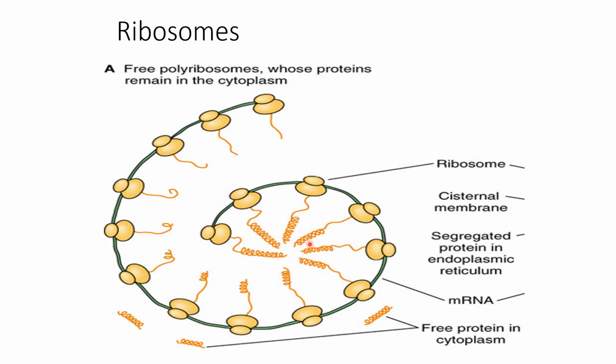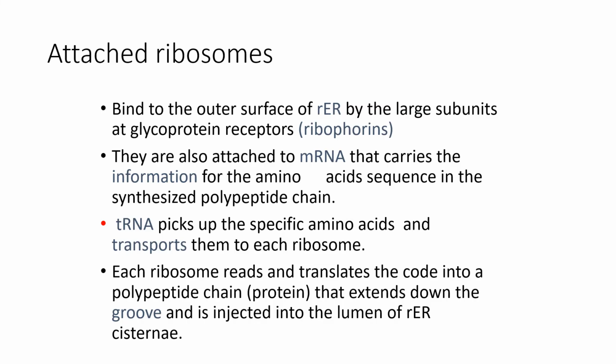This protein directly goes to the cytoplasm. Attached ribosomes have the large subunit attached to the rough endoplasmic reticulum by a receptor known as ribophorin. They are also attached to messenger RNA that carries the information on how to form the protein, the amino acid sequence to synthesize the polypeptide chain.